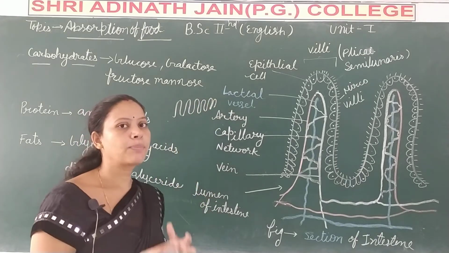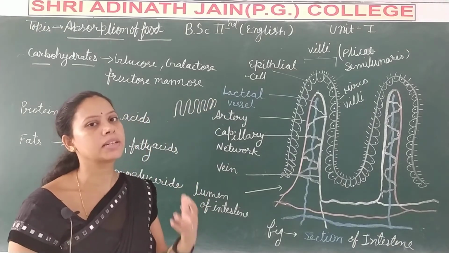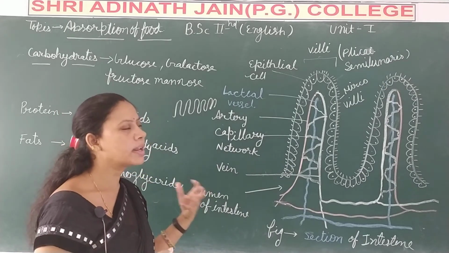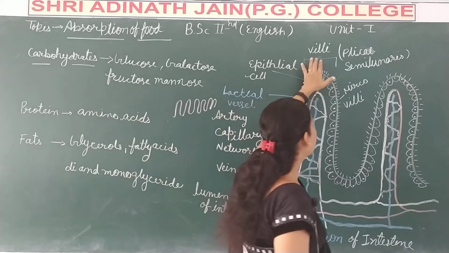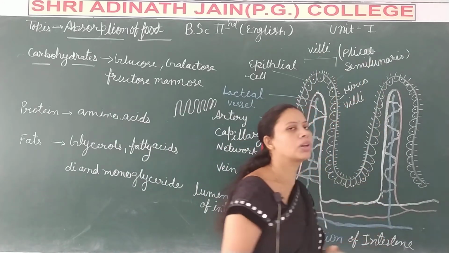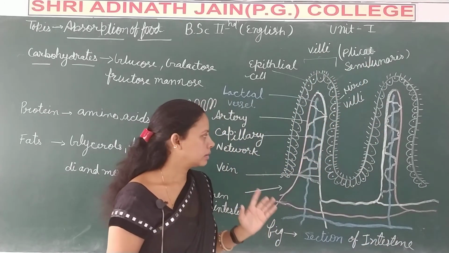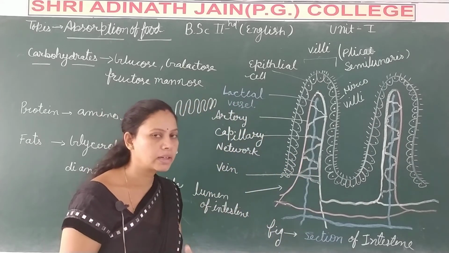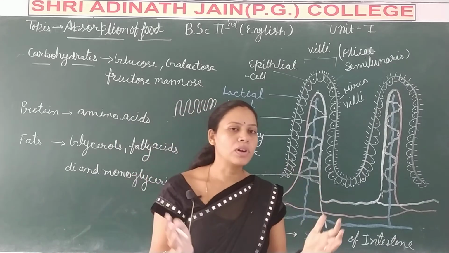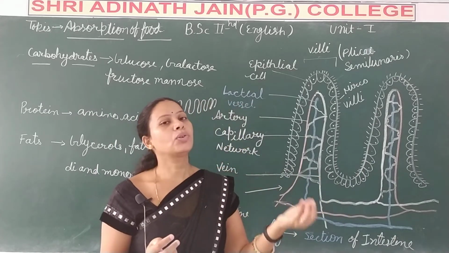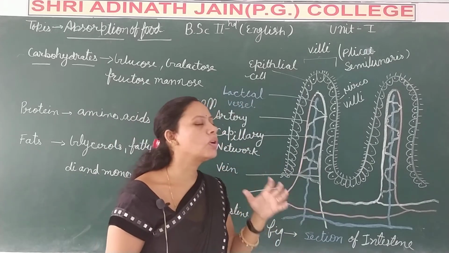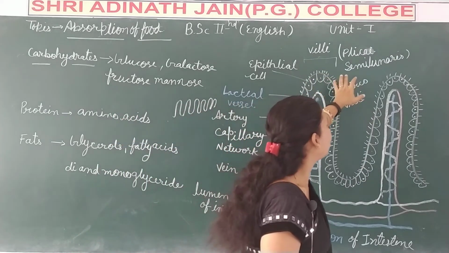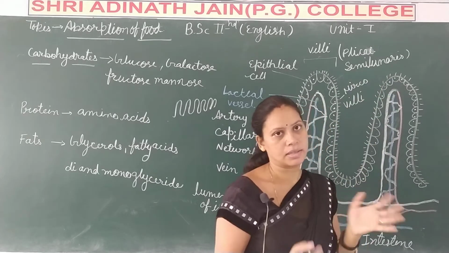Foldings like these are present in the lumen of the intestine, and these foldings are known as villi, or plicae semilunares.